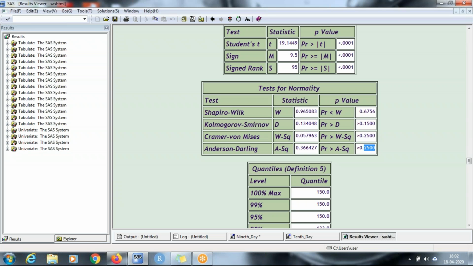Anshu, what Soham is saying is that when the p-value is more than 0.05, we do not reject the null. Yes, Satakshi, Soham said the same: if p is greater than 0.05 we will not reject null.